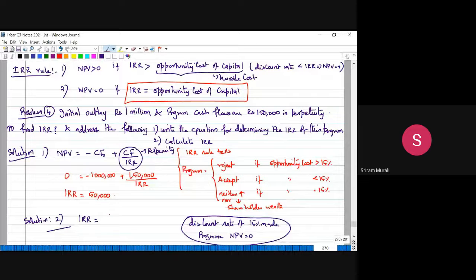So what is the discounting rate? That is the next question. Write the equation. The equation is this: 1,50,000 divided by IRR is equal to the initial investment.